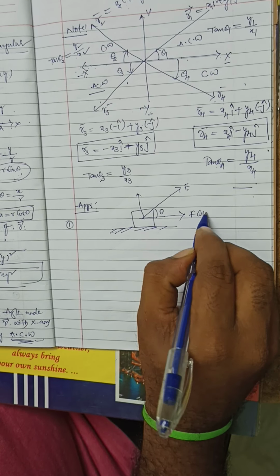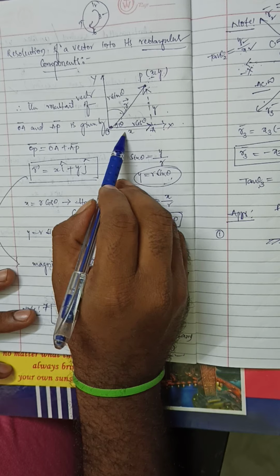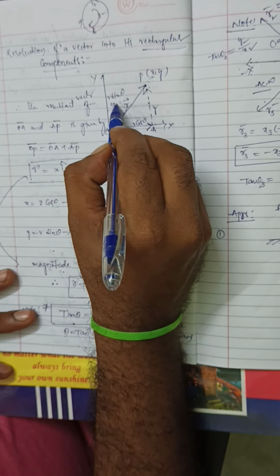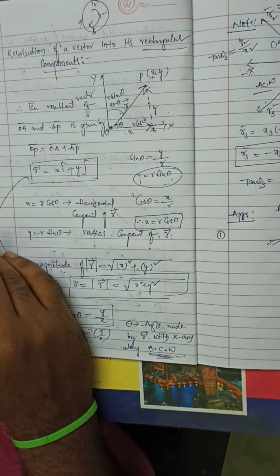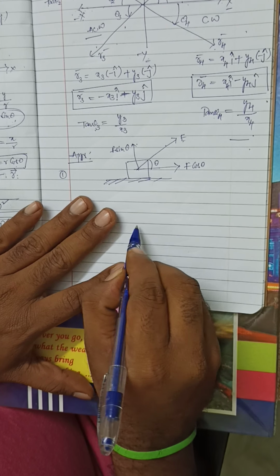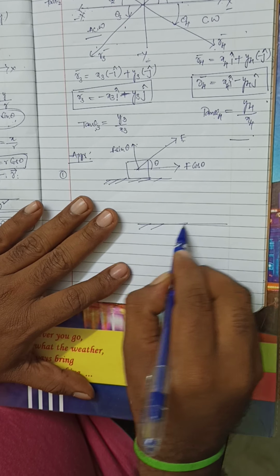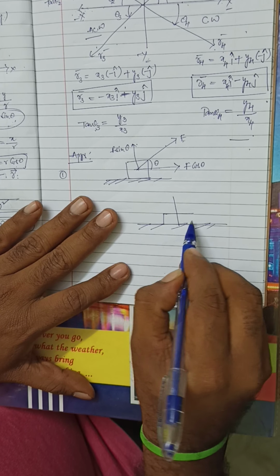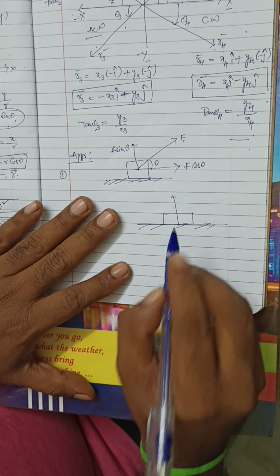You have to remember. So in this case, for example, the vector makes an angle theta, that's why it will be taken as r cos theta. Then the other angle is 90 minus theta. The same concept, for example, here the same body, okay, here this will be the vertical line.